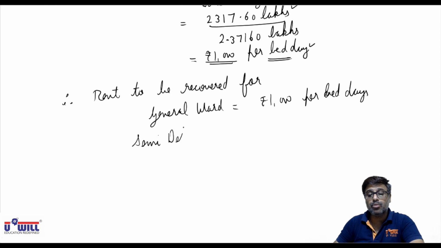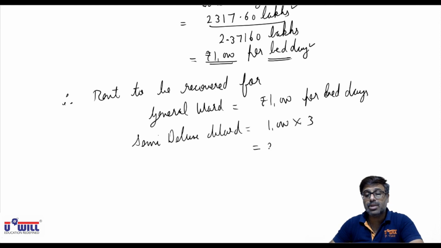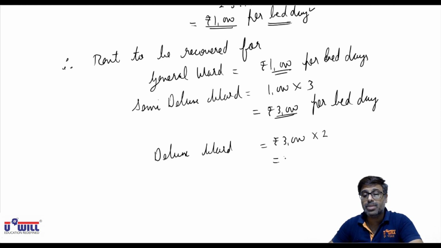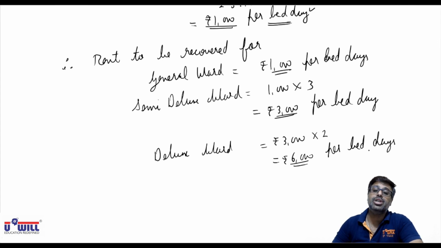So for semi-deluxe ward, 1000 into 3, that is rupees 3000 per bed day. And for deluxe, we have to recover 2 times of semi-deluxe ward. So 3000 into 2, for deluxe ward we will recover rupees 6000 per bed per day. This is the amount we are going to charge.